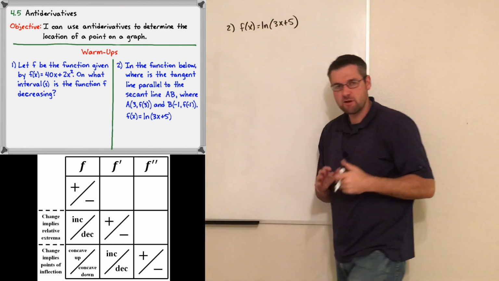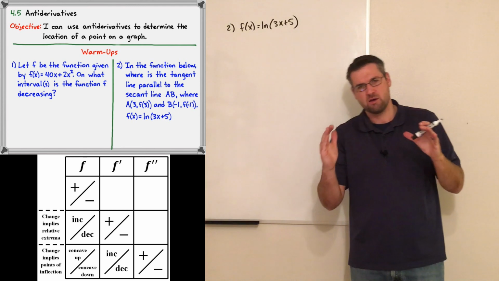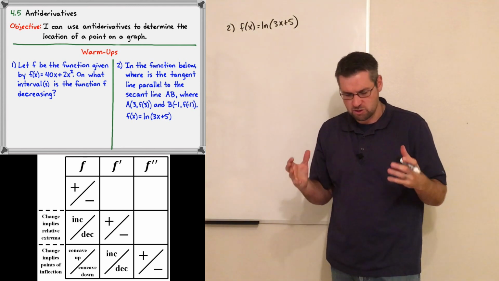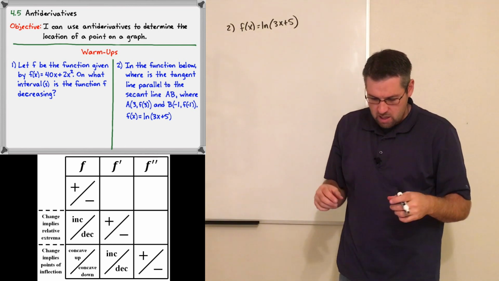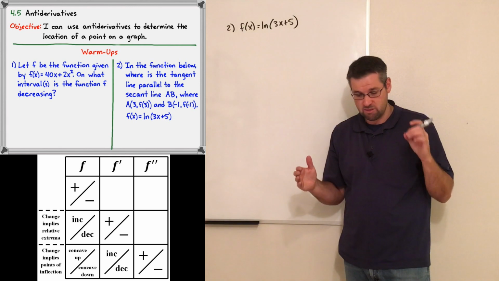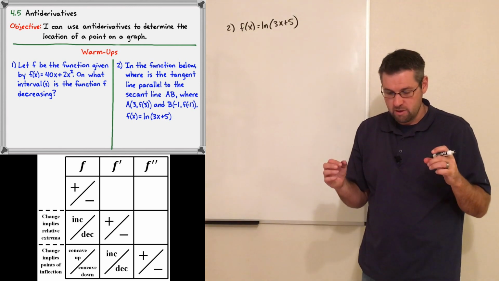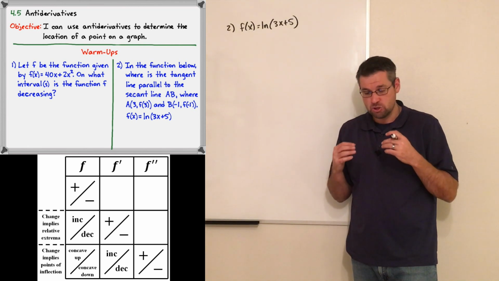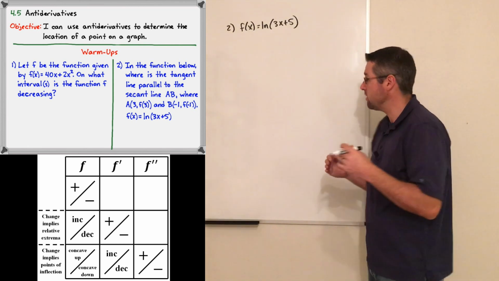Now, whatever that function looks like, it's going to be a logarithmic function, so it's going to look something like this, right? But whatever that function looks like, it's saying that we have 2 points on that graph, at x equals negative 1 and 3. We are looking for where the tangent line of that graph is parallel to the secant line formed by those 2 points.